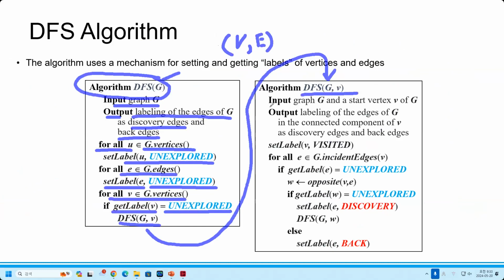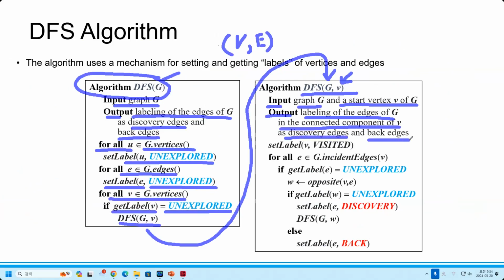Now, this algorithm has an input, a graph G, and a sub vertex V of G. So this is the sub vertex. The output is a labeling of the edges of G in the connected component of V as discovery edges and back edges.